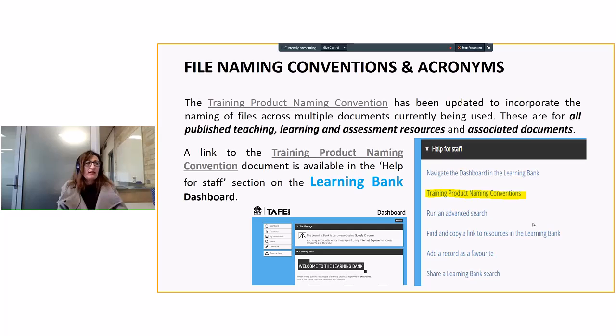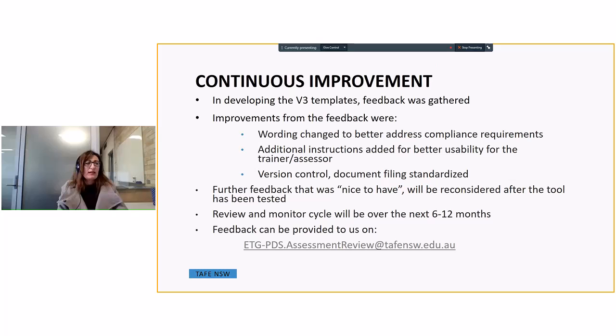So coming to continuous improvement. In developing the version 3 templates, we gathered feedback from a wide community, and we reviewed all feedback. We incorporated what we felt was really important for this round, so things to do with better addressing compliance requirements, additional instructions for better usability for trainers and assessors, version control, and document filing standardised across the different systems.